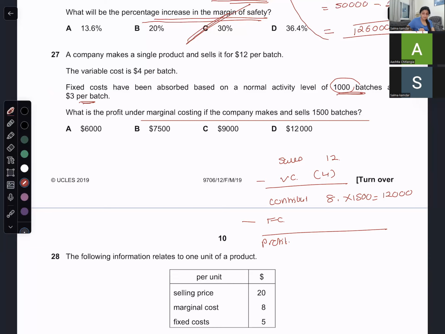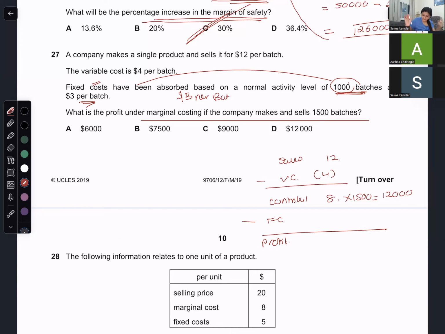So what to do now? For 1,000 batches, that is your normal activity level, but you have fixed the absorbed fixed cost at 3 per batch.